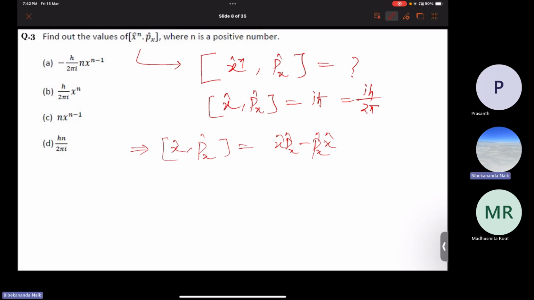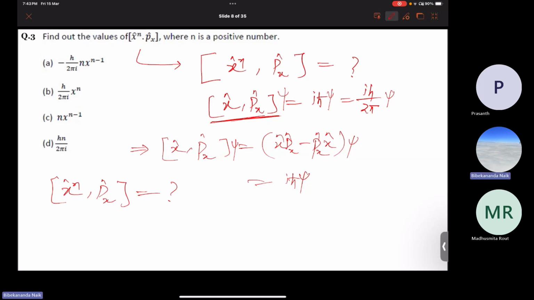So we know this is the value of the commutator, because if you operate on the wave function psi here, you will get i h cross psi. But here the question is different. The question says, what will be the value of the commutator of x to the power n and px here.